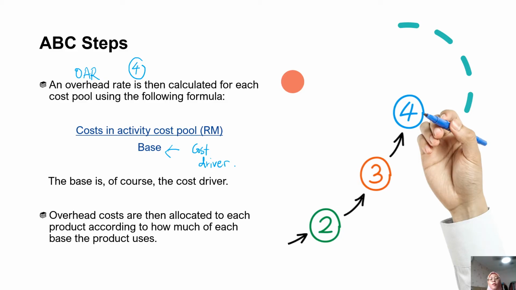And lastly, overhead costs are then allocated to each product according to how much of each product uses the basis. Probably you cannot imagine how it works yet, but it's okay. Let's look at the calculation afterwards and it will be clearer.